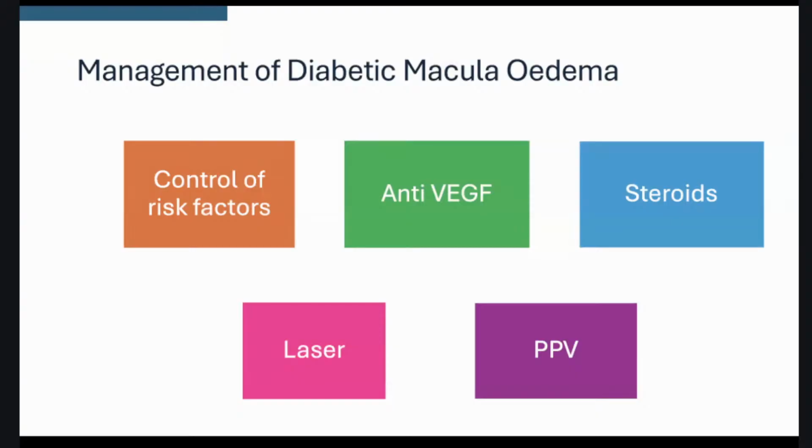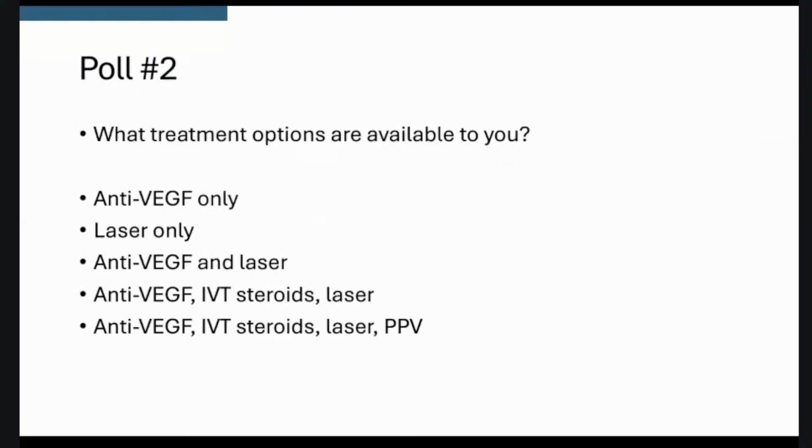They're more commonly probably being used for refractory DME. And macular laser is being used less and less, but it is still an option in the management of DME. And then there are some patients that may need PPV. So if they've got vitreomacular traction, they may need a PPV.